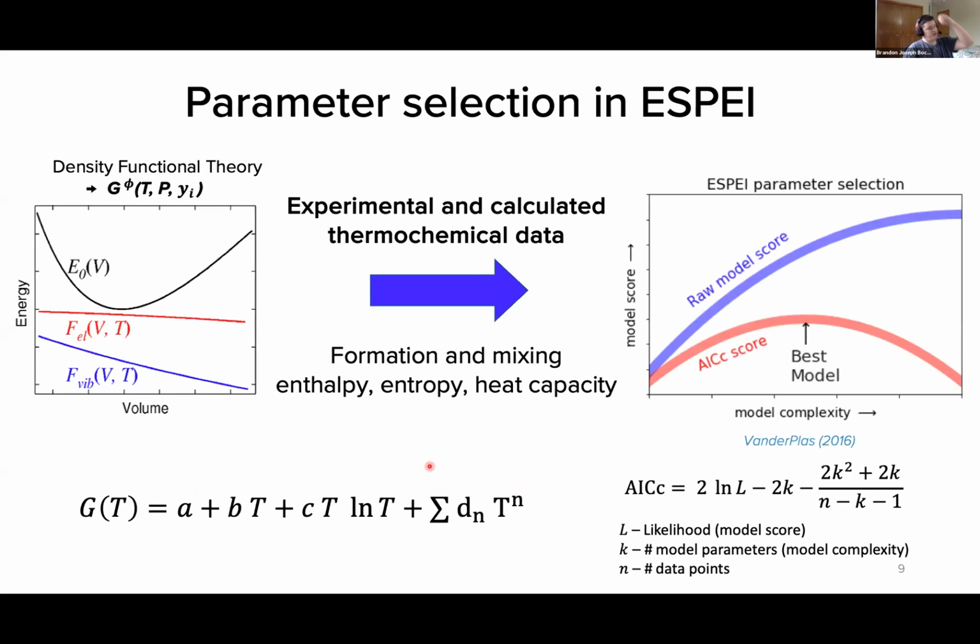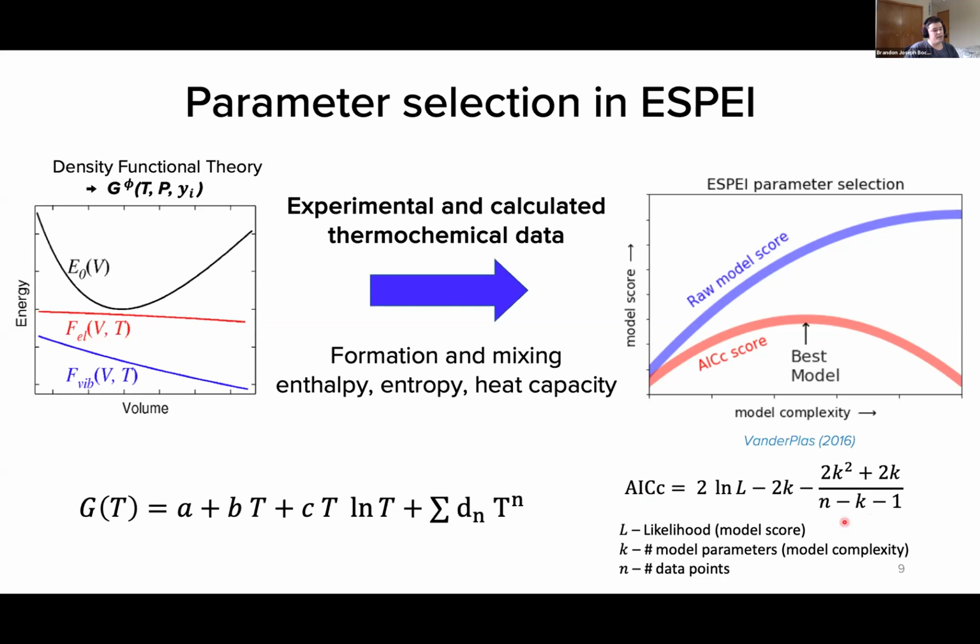And so to address that, when we do this fitting, we use the corrected Akaike information criterion. That is this equation here. It's expressed as 2 times the likelihood or the model score L, which is the goodness of fit that you would normally calculate. And then there are these 2 penalty terms here.